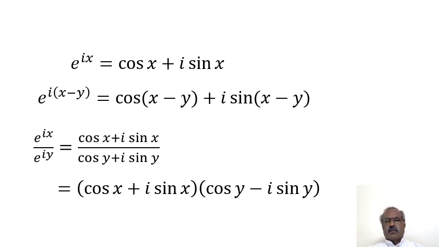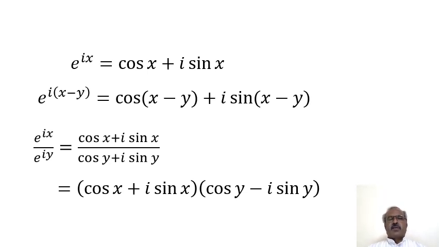So we get this expression, cos x plus i times sin x times cos y minus i times sin y, for e raised to i times (x minus y). So equating these two terms, cos (x minus y) plus i times sin (x minus y) equal to cos x plus i times sin x, whole multiplied by cos y minus i times sin y, we will be able to derive the expression for sine of x minus y, because that is the term where we have the multiple i.